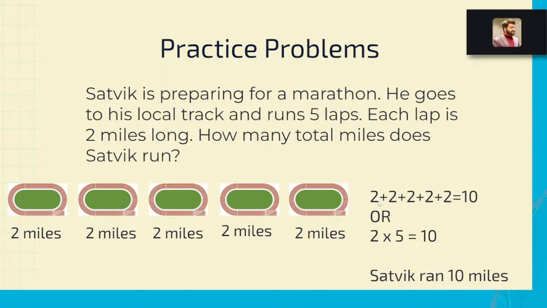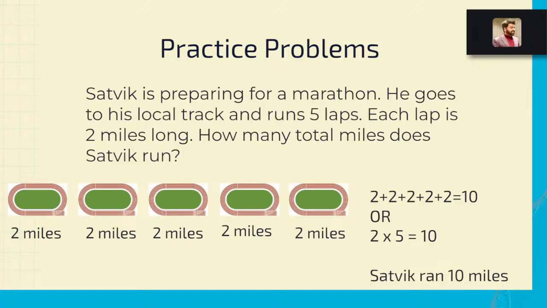So we can just write 2 plus 2 plus 2 plus 2 plus 2 is equal to 10. Or 2 times 5 is equal to 10. This works because we have the number in each group and the number of groups. 2 miles times 5 laps is equal to 10 miles. So, Satvik ran 10 miles.